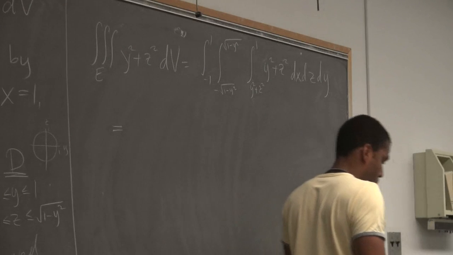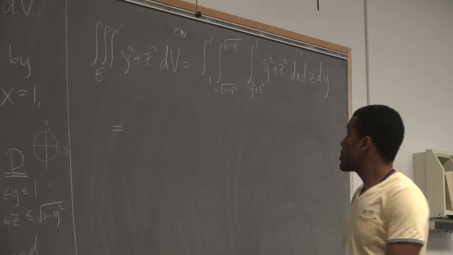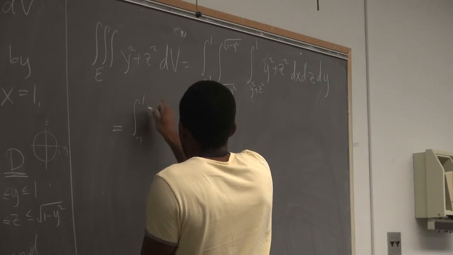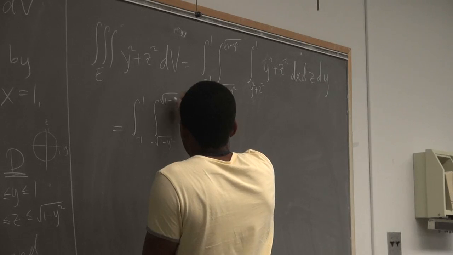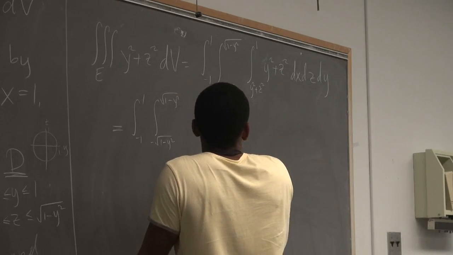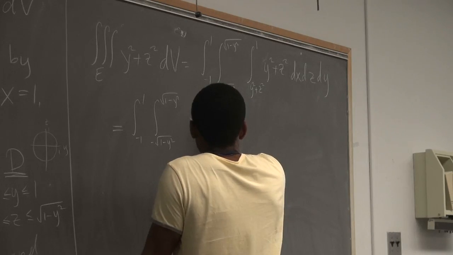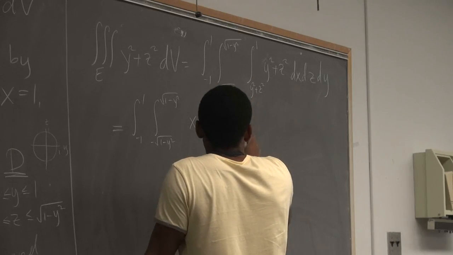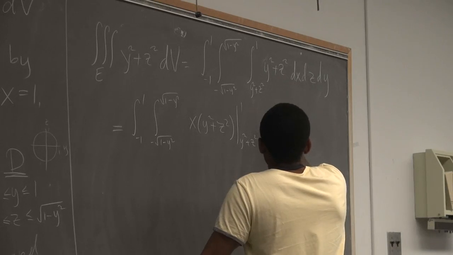Okay, so how do we do that? Integrate that with respect to x, what do I get? Just x times that, right? So x times, between 1 and y squared plus z squared, dz dy.